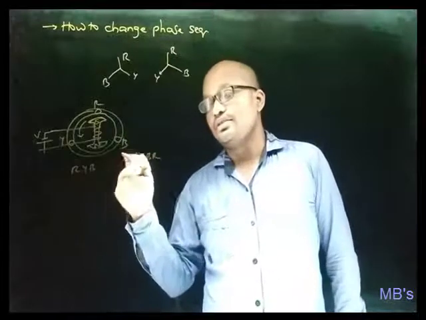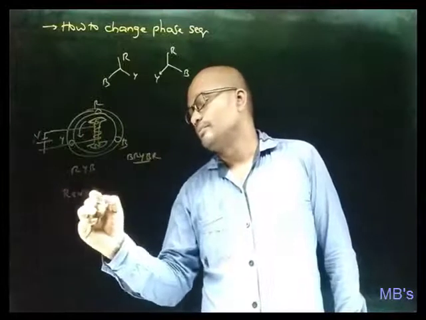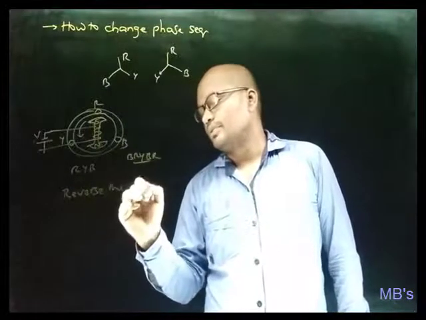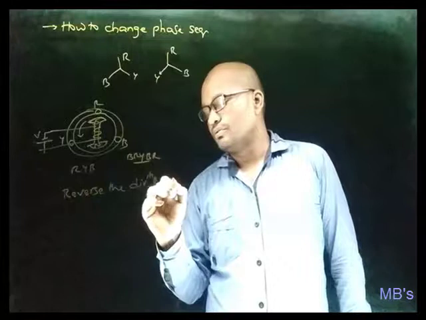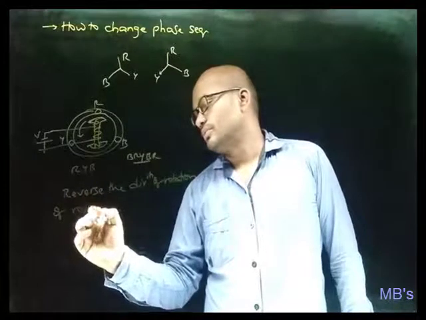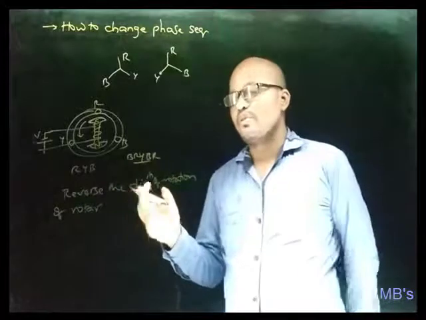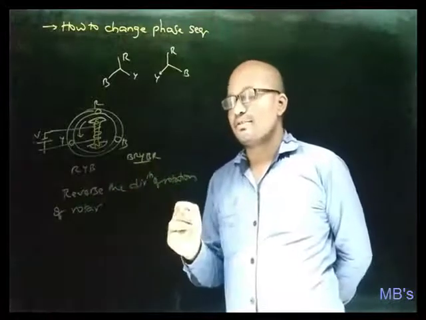So how to change the phase sequence? Simply reverse the direction of rotation of the rotor. If you change the direction of rotation of the rotor, obviously you will get the other phase sequence.